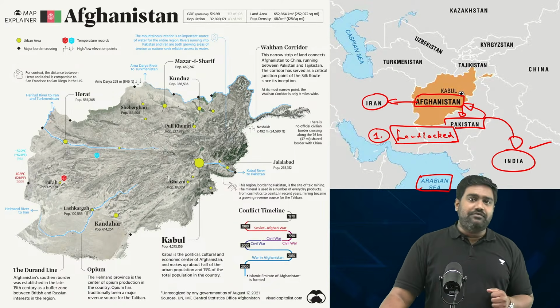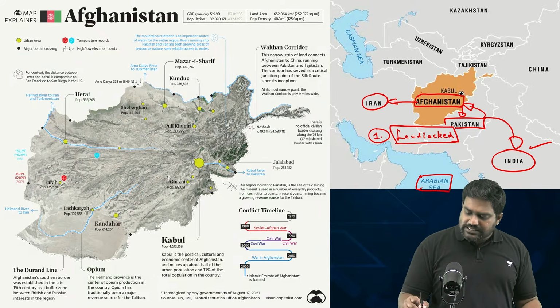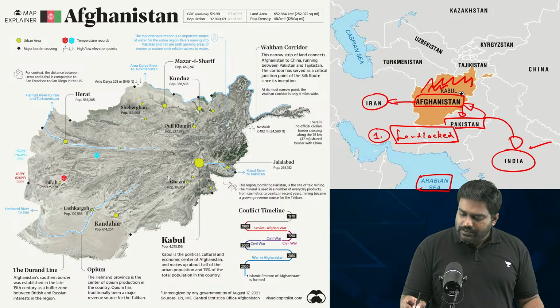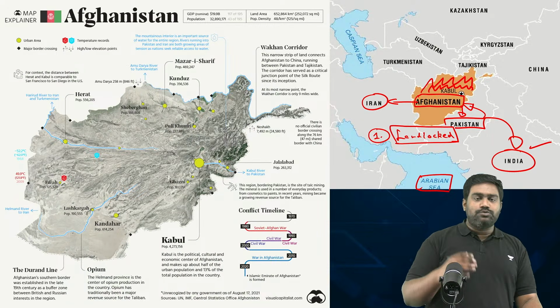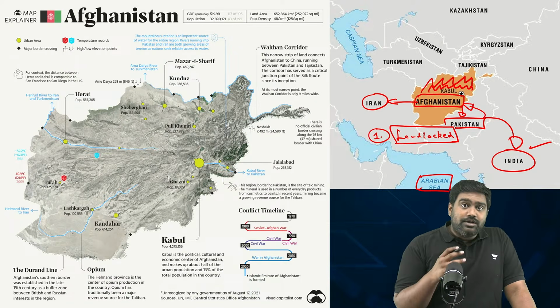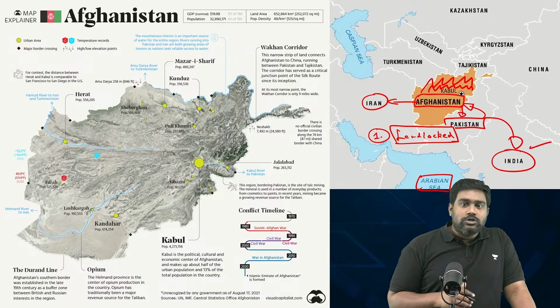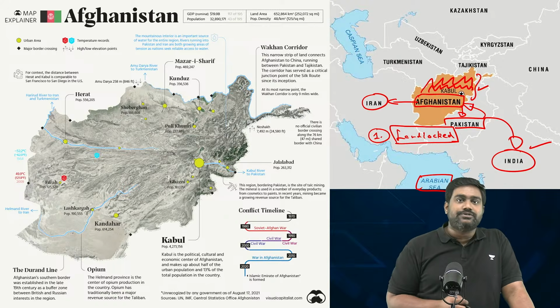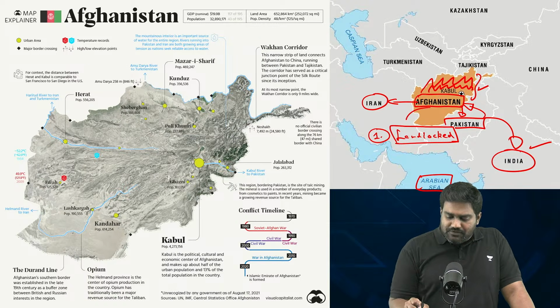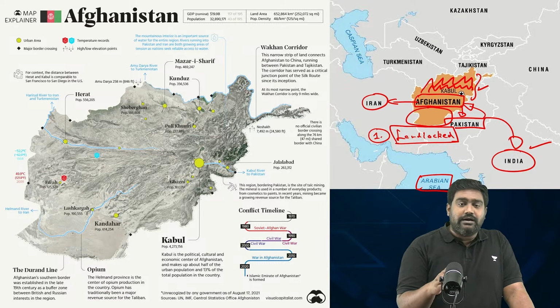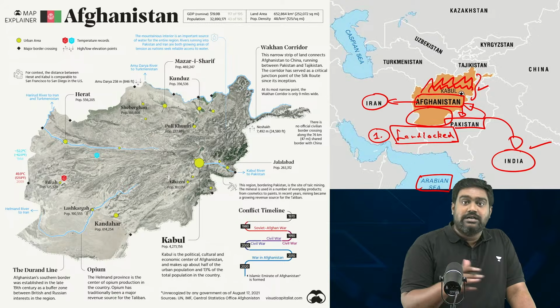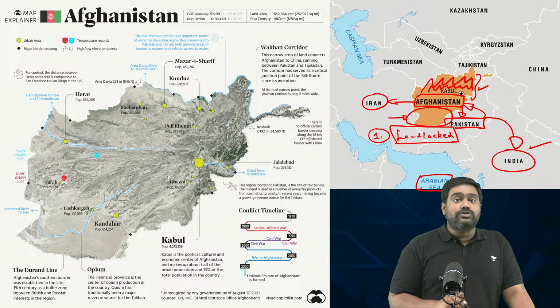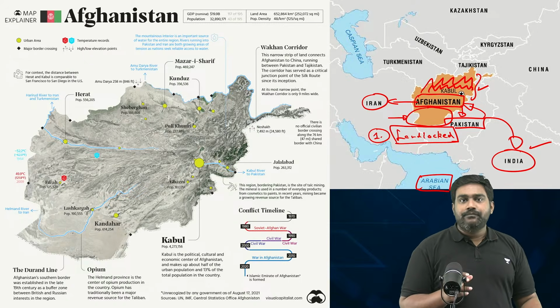Look at the physical geography as well. The northern parts of Afghanistan are largely mountainous, dominated by the Hindu Kush mountains, but very rich in resources. The northern mountainous region and also the central plains are blessed with resources, including mineral resources. Whereas the southern parts of Afghanistan, largely plain area, are very arid or desert-like, but quite conducive for cultivation of certain crops.